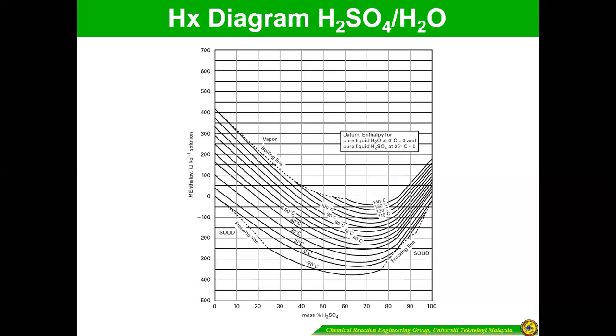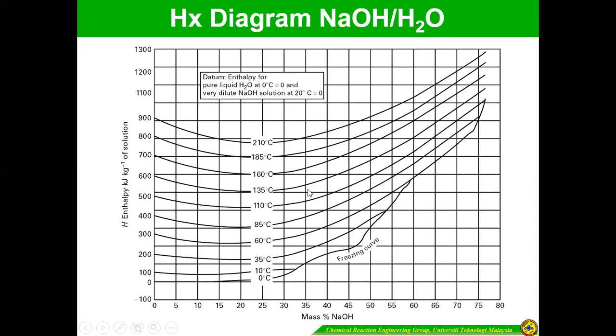I just downloaded the data, which is luckily available on the internet. This one is for H2SO4. This one is for NaOH. See, it's different, right? It's not going to be similar.